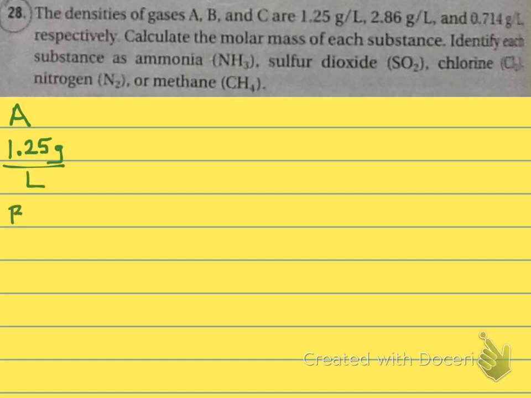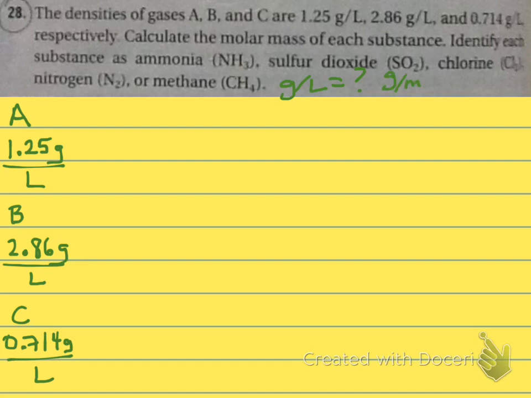I have gas B, which is 2.86 grams per liter. And I have gas C, which is 0.714 grams per liter. In all of these, I have grams per liter, and I'm trying to get it into the molar mass, which is grams per mole.